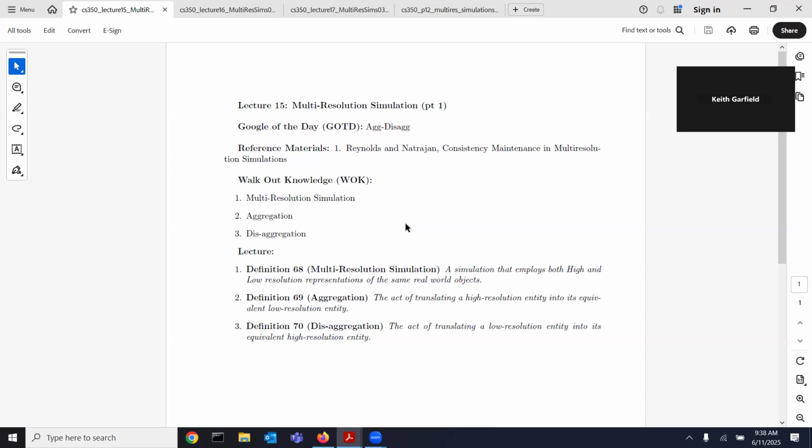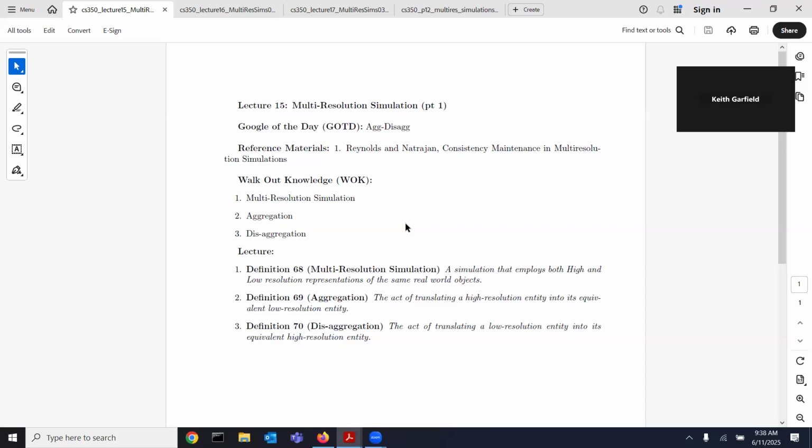You have to do something called aggregation. You take those 4 tanks, you take their positions, you average them, and you say, okay, that's where this unit is. It's in the center of mass of the 4 tanks, let's say. And then if you want to take that single entity and pop it back into the finer resolution model where the individual tanks are represented, you have to do what's called disaggregation. So it's aggregation, disaggregation, which is commonly called agg-disagg.